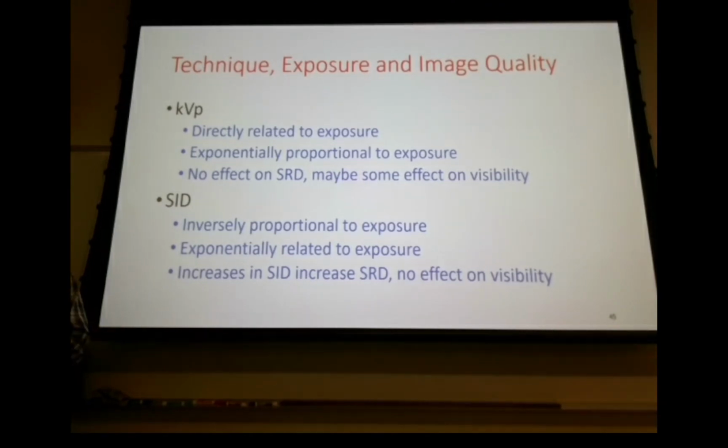Nearly no difference at all. You're going to have to look really, really hard to see any kind of difference. Now, if you shot it at 40 kVp and 120 kVp, you might see something, but you would be shocked at how similar it is.